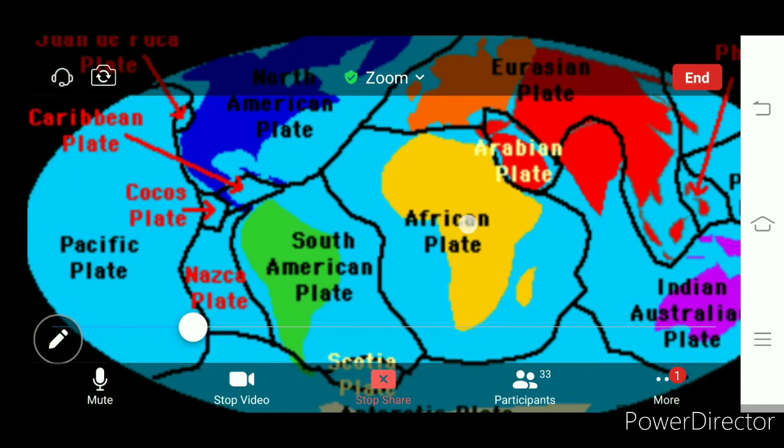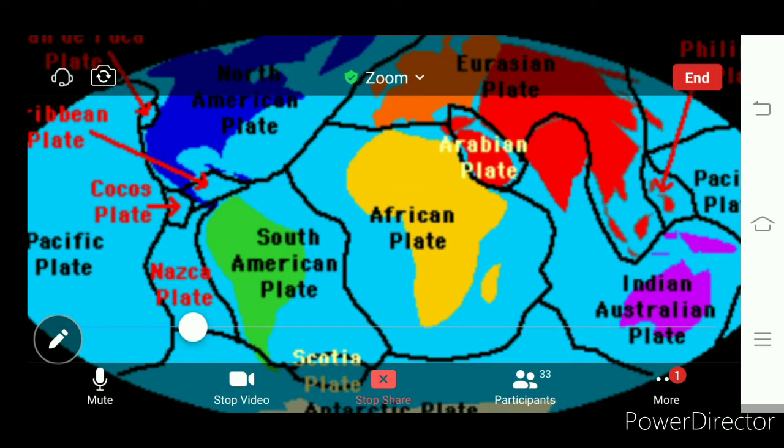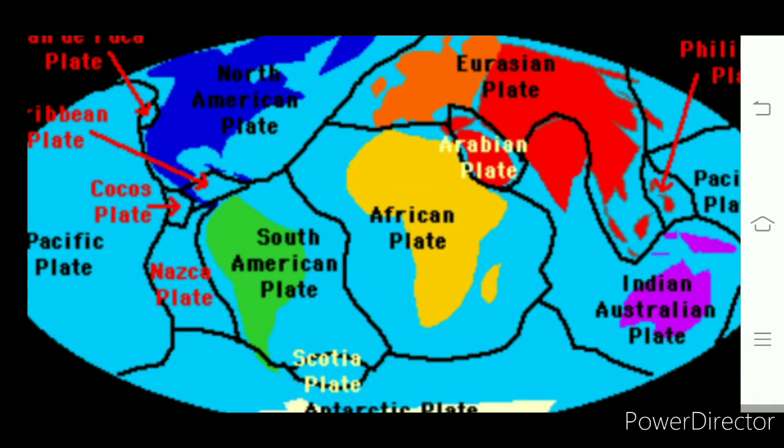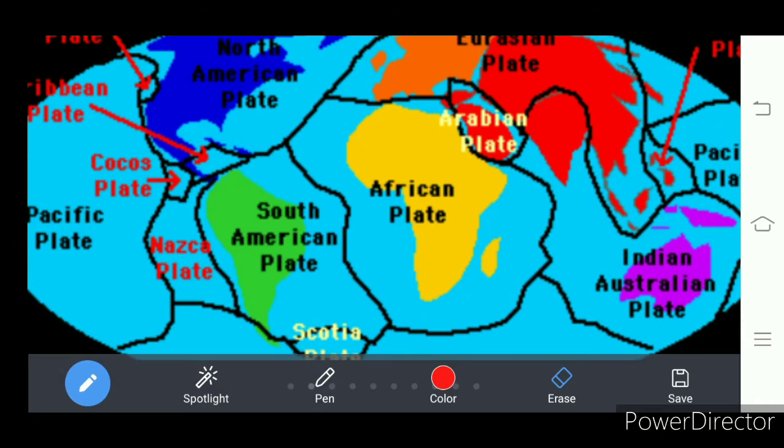Look, your African plate is pushing the South American plate here, right? They are pushing each other constantly, at every moment. Okay, they move very slowly, so slowly that we cannot feel it. The movement of the plates we cannot feel. Understand?